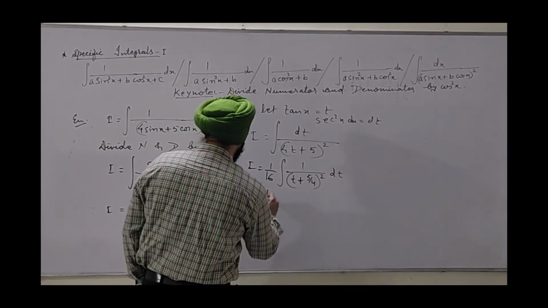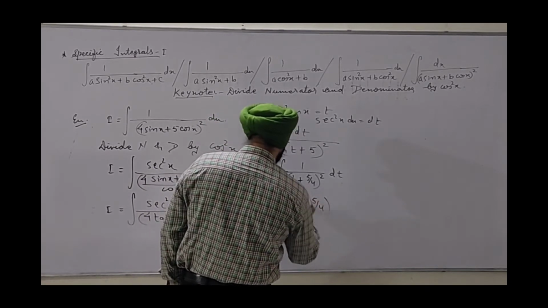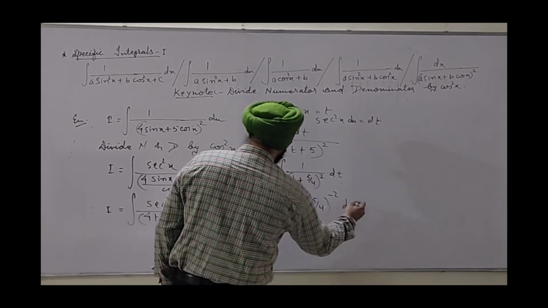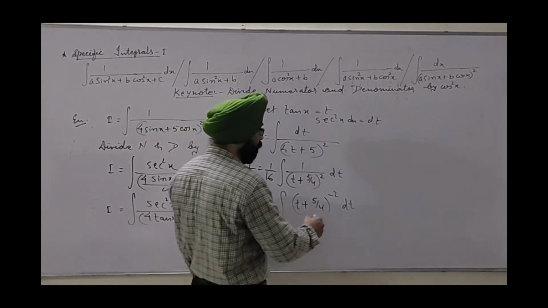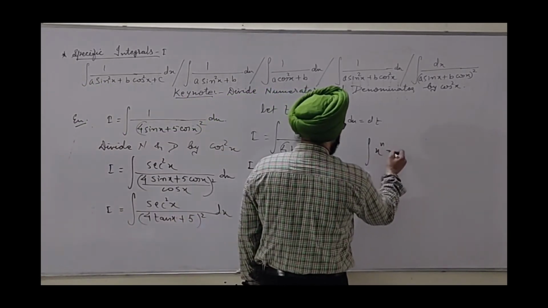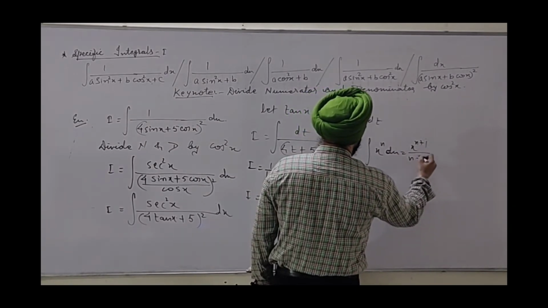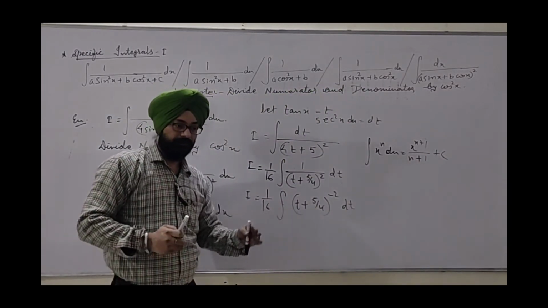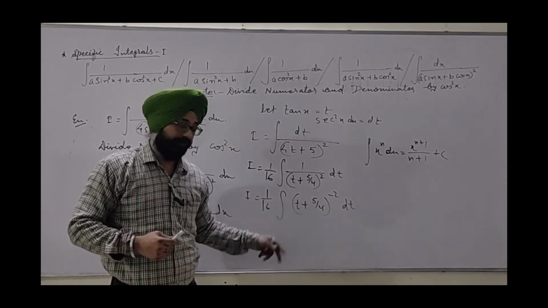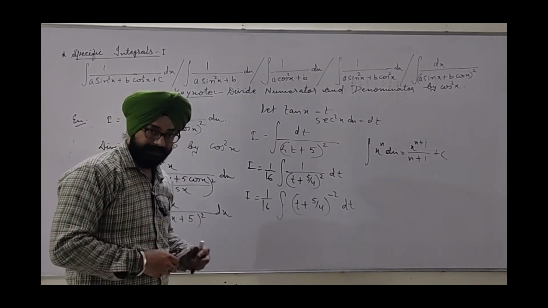Very basic formula I will apply here, writing this as (t plus 5 upon 4) to the power minus 2 dt. This can be solved by the identity integral of x to the power n dx equals x to the power n plus 1 upon n plus 1 plus c. And as this is a linear polynomial, very early in the integration introduction I explained such patterns. So this will be done directly.